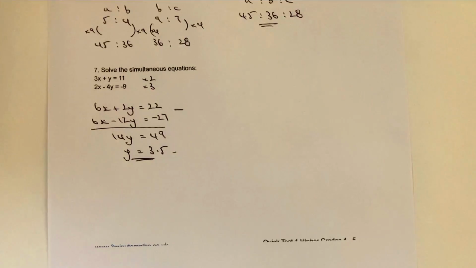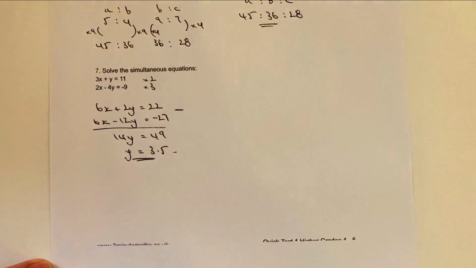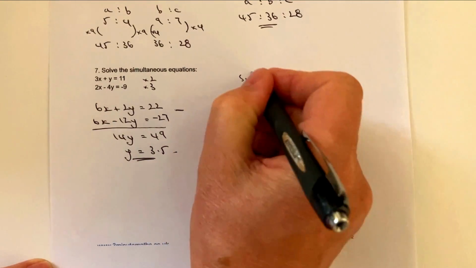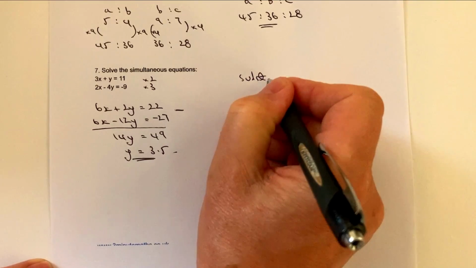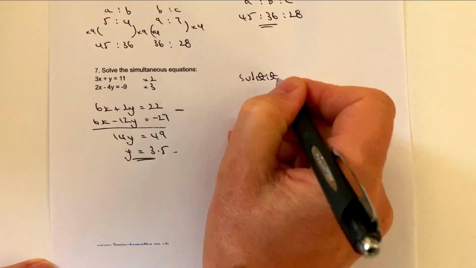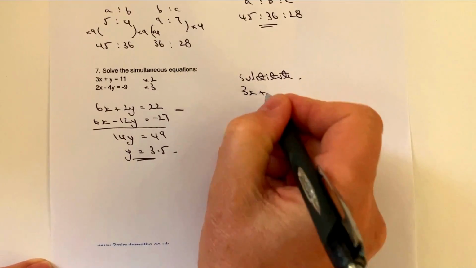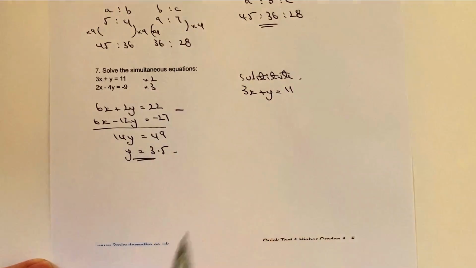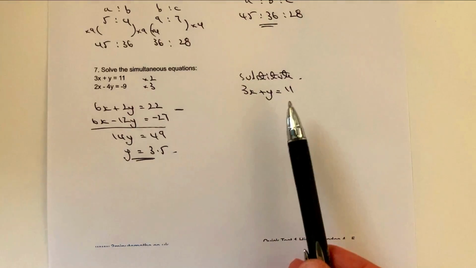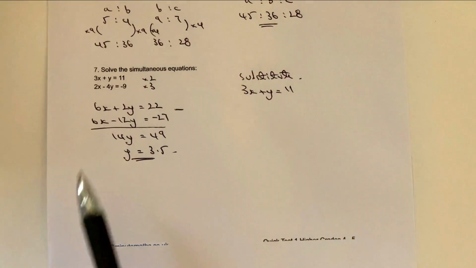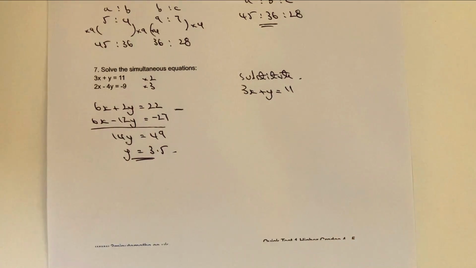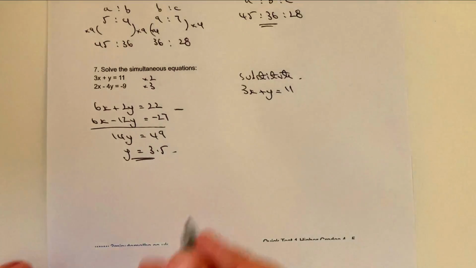What we're going to do is then take that value of y and substitute it into the first equation. So I'm going to find x, and this is, as I say, the substitution method. Okay, and I'm going to use 3x plus y equals 11 for no other reason other than it's got nice positive numbers there rather than negative 9. Okay, so let's have a look. Well, I've got 3x.